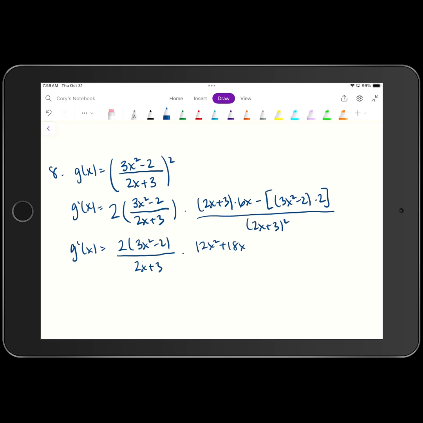And then I'm going to combine two steps in one. So I'm going to distribute 2 across both terms, and then I'm going to distribute the negative across that result. So whenever I do that, I'm going to get minus 6x squared plus 4 all over 2x plus 3 quantity squared.